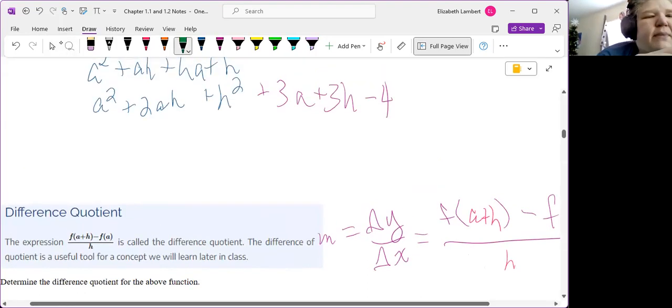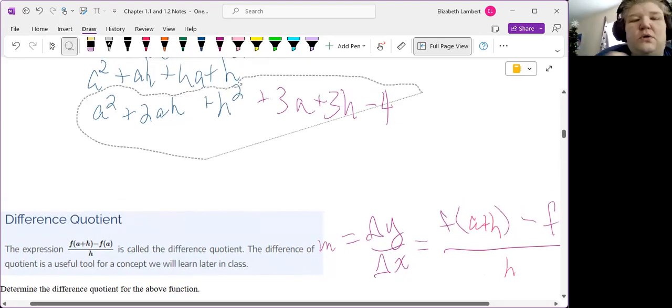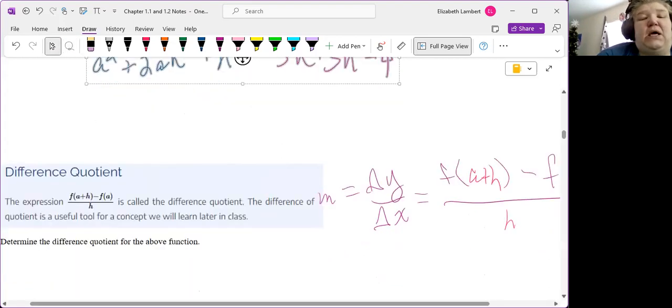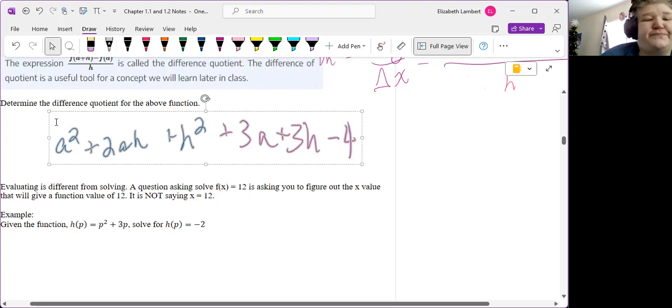So let me grab my loop here. Control copy. I love using a computer. And then down here, control paste. There we go.